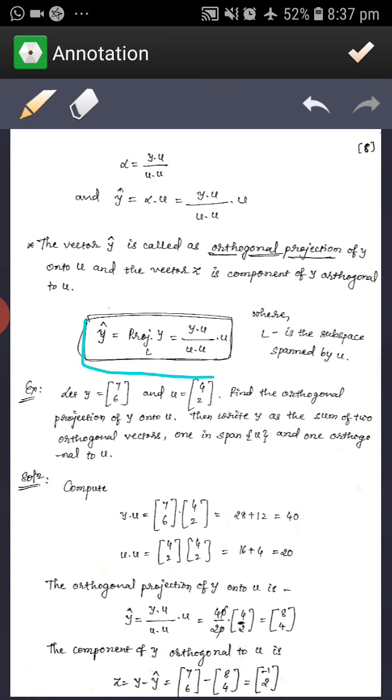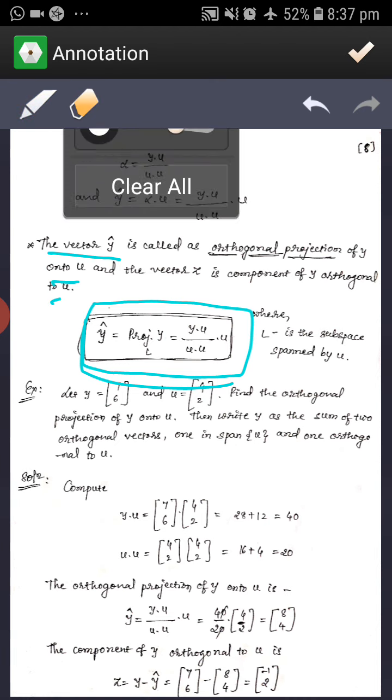So in general we can give this as y cap. Here the vector y cap is called the orthogonal projection of y onto u, and z is the component of y orthogonal to u.